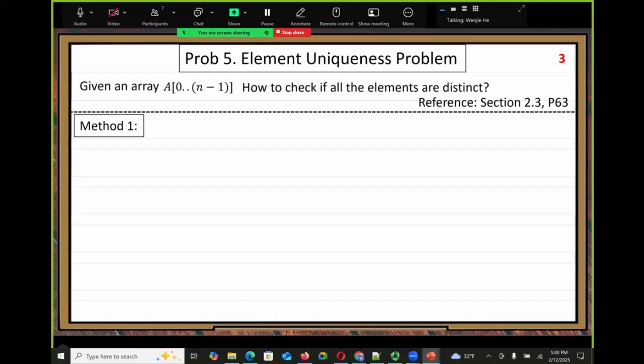Some students may ask, what should we do when we try to understand the problem? You need to do something, right? You make your observations from various angles, and try to find some properties.